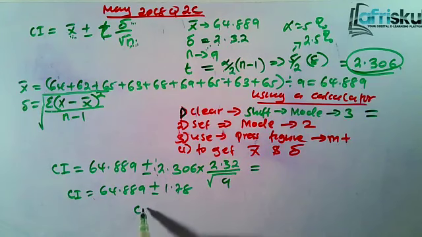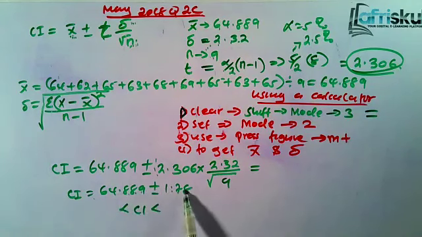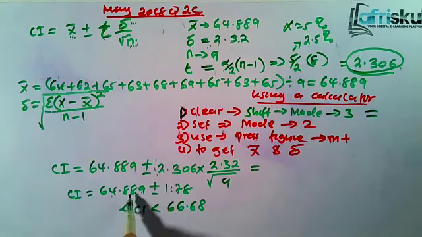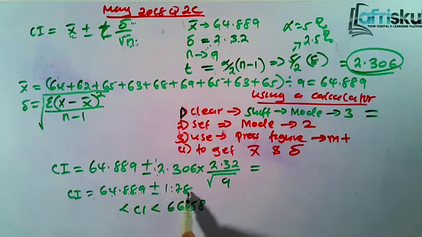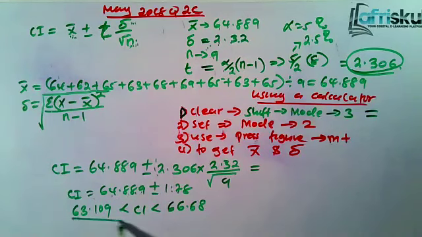So kumaanisha our confidence interval itakuwa like that. If you add 64.889 plus 1.78, you will get 66.68. If you take 64.889 minus 1.78, you will get 63.109. So that's what they wanted.